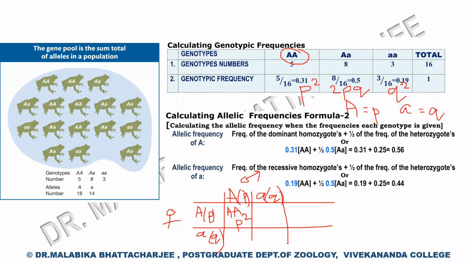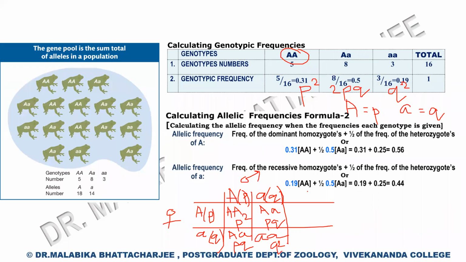Now we have a capital A egg and a small a sperm, so we write capital A, small a, and P, Q. Now we have a small a egg and a capital A sperm, so we write again capital A, small a, and in terms of P and Q, P, Q. And finally, we have a small a egg and a small a sperm, so we write small a, small a, and in terms of P and Q, Q square.